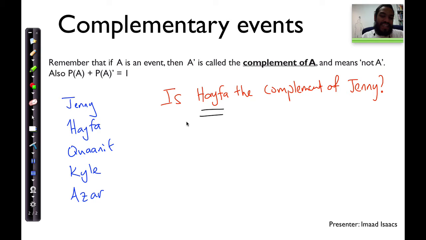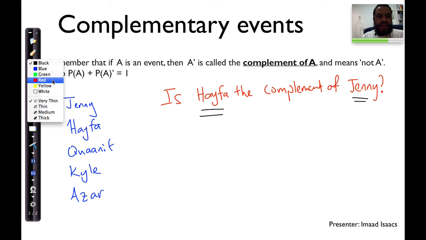Now the reality is, the condition for something to be complementary is that if that thing is the complement, then the probability of that complement occurring, with the probability of the event occurring, must add up to 1. And that's how we test for it being complementary events.